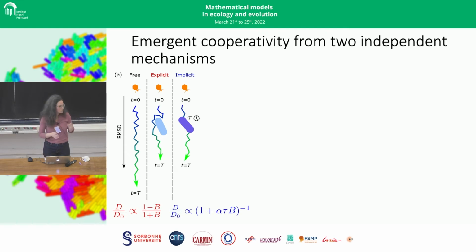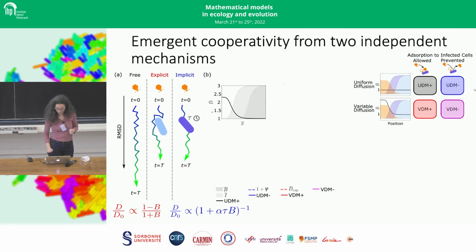One can do a simple mean field argument, and what you find is that the hindrance to this diffusion depends in this way on the absorption rate, lysis time, and bacterial density. Importantly, it still depends on the bacterial density, because the more bacteria you have, the more chance the phage has of getting stuck there and not being able to diffuse, but it also depends on this alpha tau.